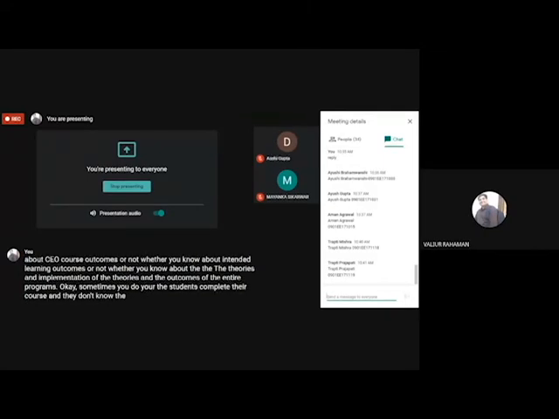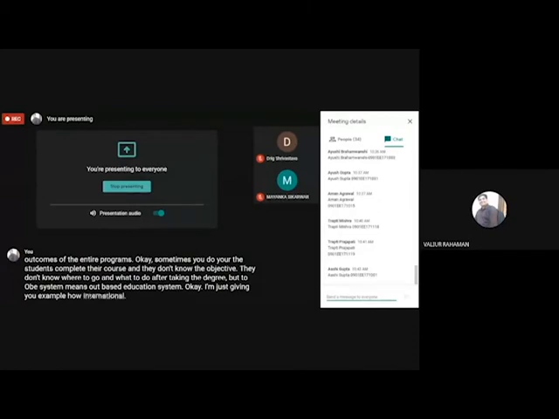Okay, I'm just giving you an example of how international governing bodies regulate to maintain the standards of a particular product in the countries. Okay, so objective outcome based education has come into being only for the NBA accreditation, exploration of outcome based systems, skill based systems in India or in other countries.